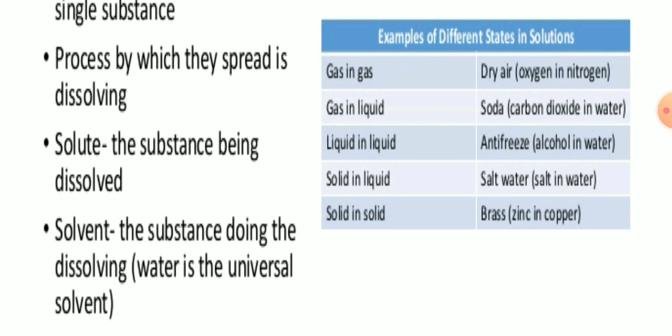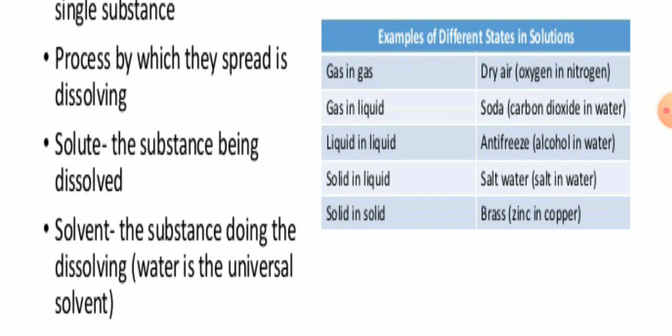You have to remember that the substance present in the maximum amount is the solvent, and the solute is present in the least amount. Gas in liquid, the example is soda water. In soda water, carbon dioxide gas is present in liquid water, so carbon dioxide is the solute and water is the solvent. Liquid in liquid, antifreeze, that is alcohol in water. Here alcohol is the solute and water is the solvent.